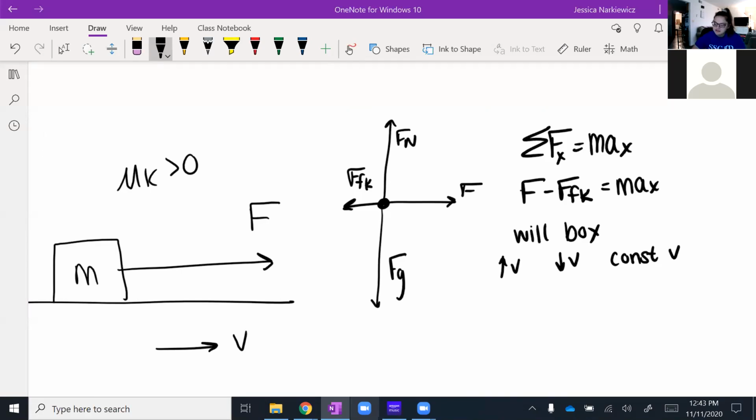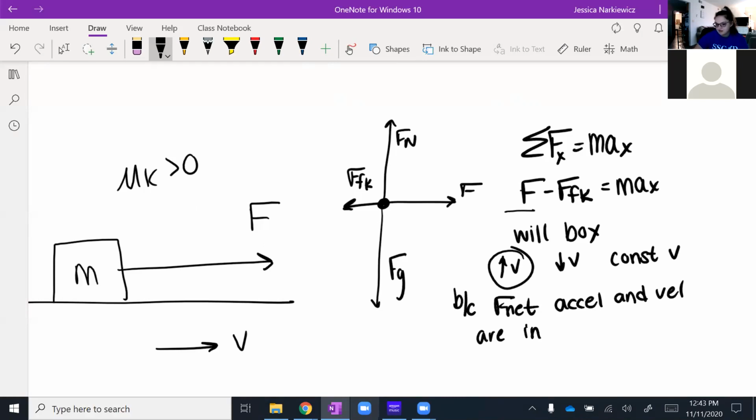This time, since my net force is still directed right and my velocity is directed to the right, this object is going to speed up, again because net force, acceleration, and velocity are in the same direction.